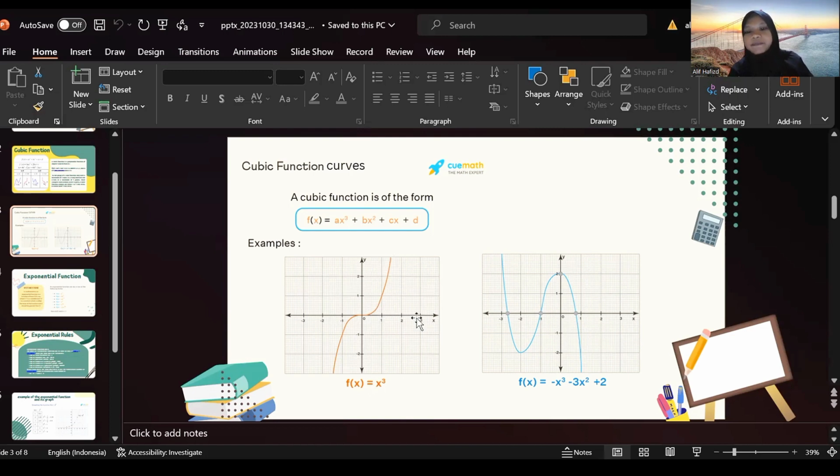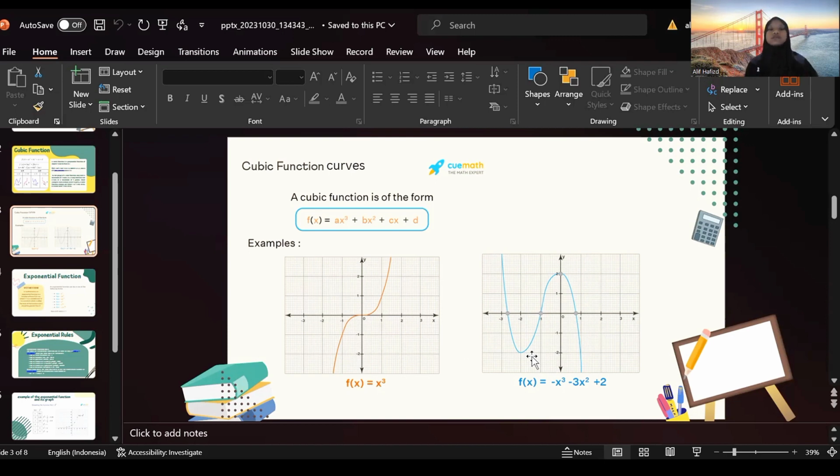If we have this minus function, the graph will decrease from the top right to the bottom left of the graph. The simple way: it is positive if the x has no minus sign, and it is negative if x in this function has a minus sign.